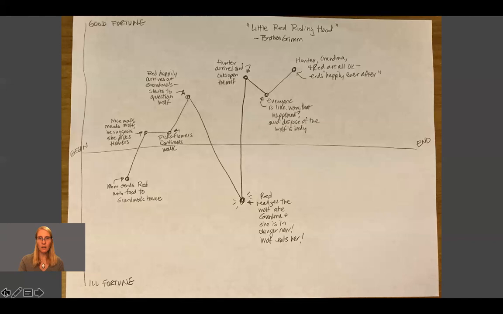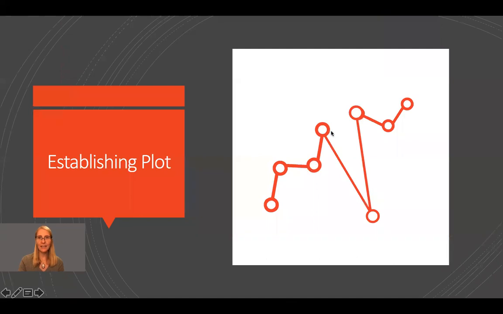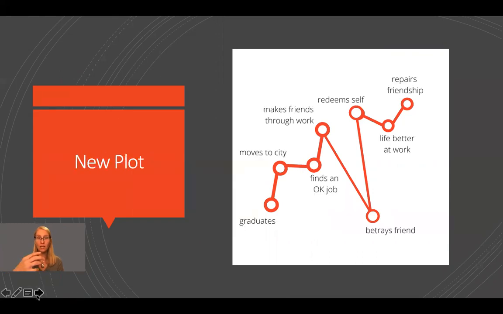But if you take a look here, I've got my plot, and I have recreated it here. So when it comes time for you in the assignment to revision the fairy tale that you wanted to do, I recommend that you put a sheet of paper over the plot that you just did for your original fairy tale, draw those dots and those lines in, and that leaves you a space to go in and put in your own content.